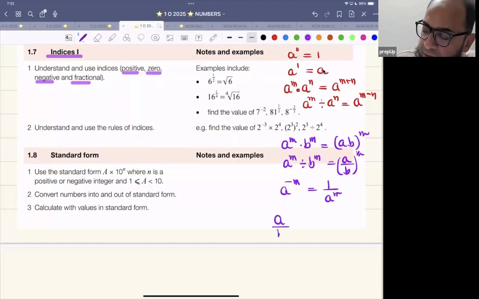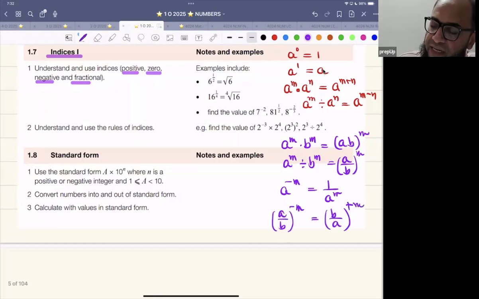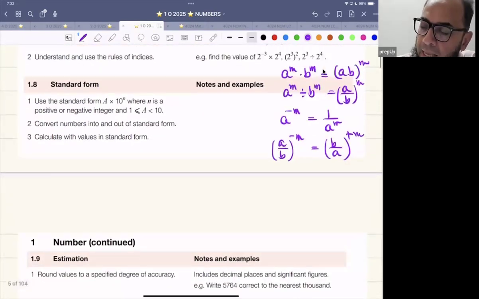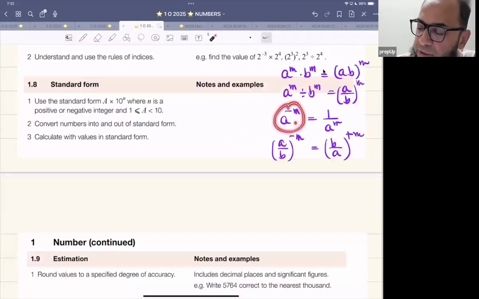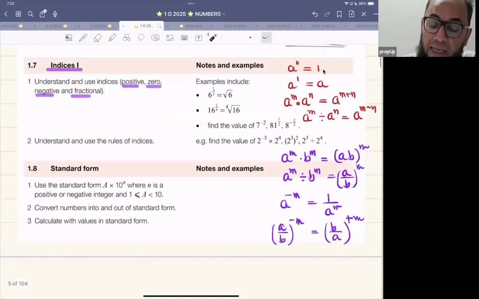A over b raised to power of negative m is b over a raised to power of positive m. Very, very important. Basically, a raised to power of negative m is 1 over a raised to power of m. And if b was in the denominator, it goes in the numerator, the minus becomes a plus.